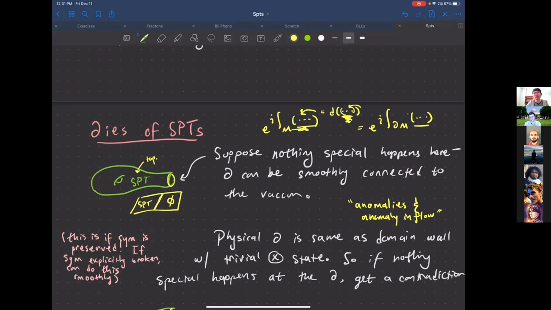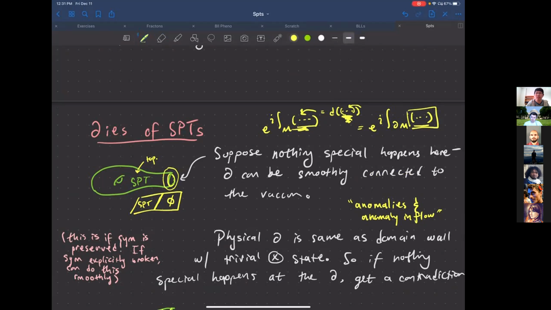And so that means that the thing that I get when I look at the boundary is not well defined. And this means that the boundary theory by itself is not well defined. So it doesn't really make sense to consider the boundary theory by itself. And that's another way of saying that the thing on the boundary has to be special in some way.